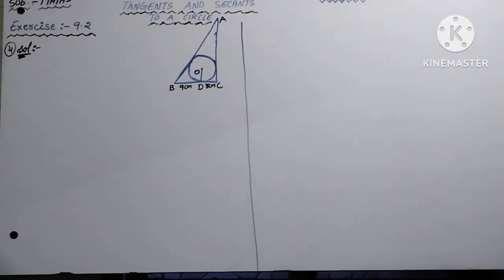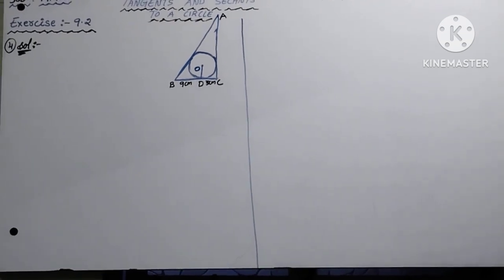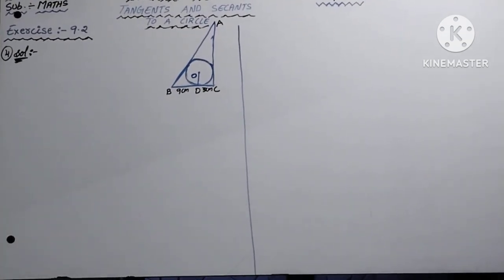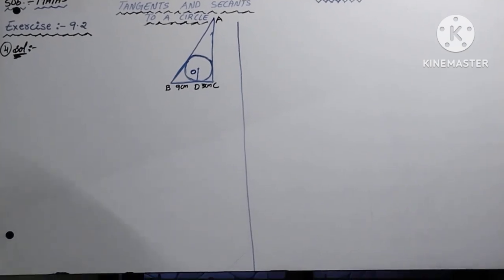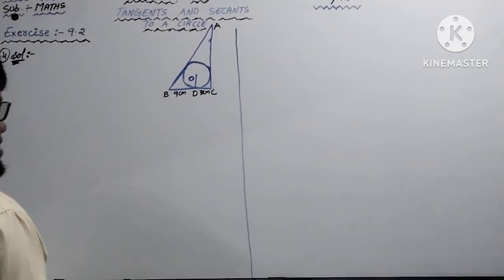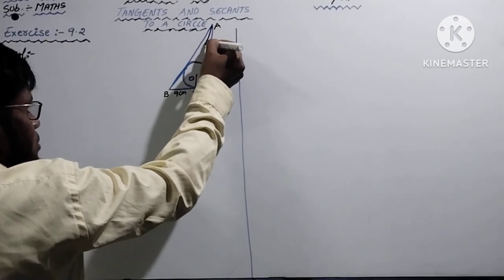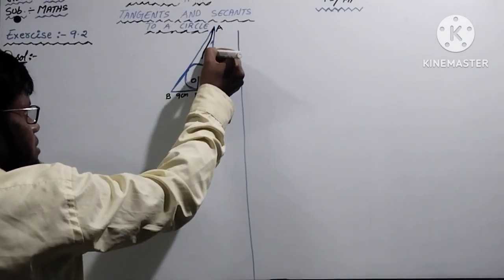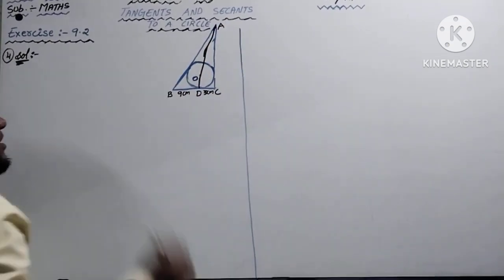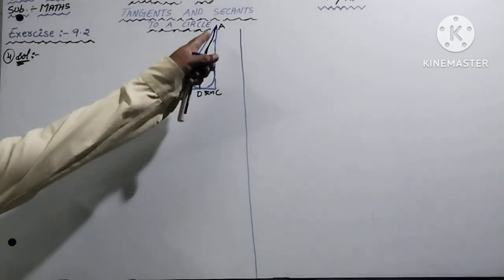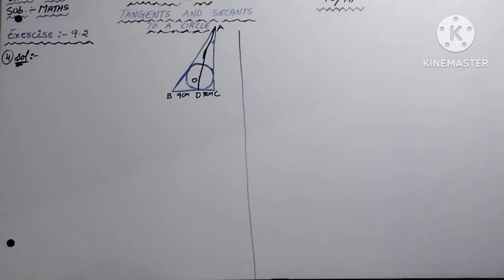Now let's listen here. I am drawing two more lines. What are those two lines? Continue the line from A up to O, and take the full line AD, the median.